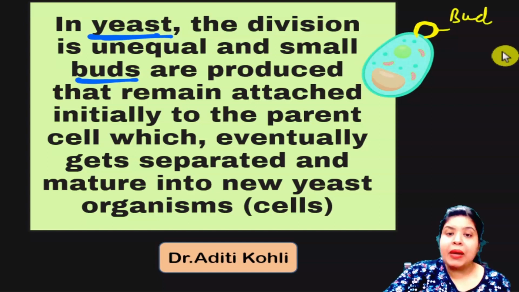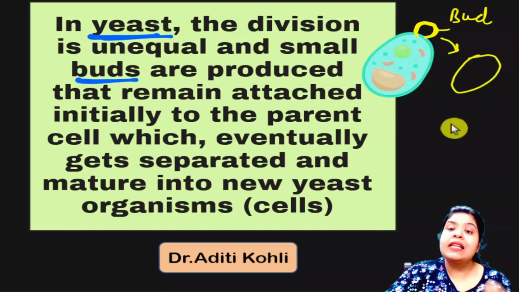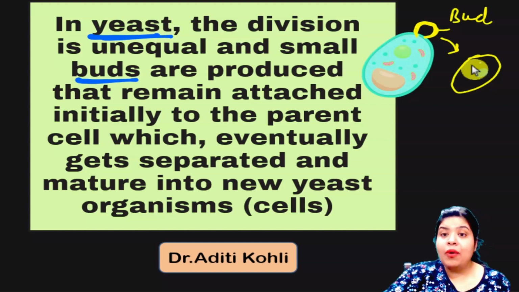This bud remains attached initially to the parent cell, and then eventually it separates. It develops further, separates from the parent cell, and now develops into the mature yeast cell. This is how the process happens in yeast.